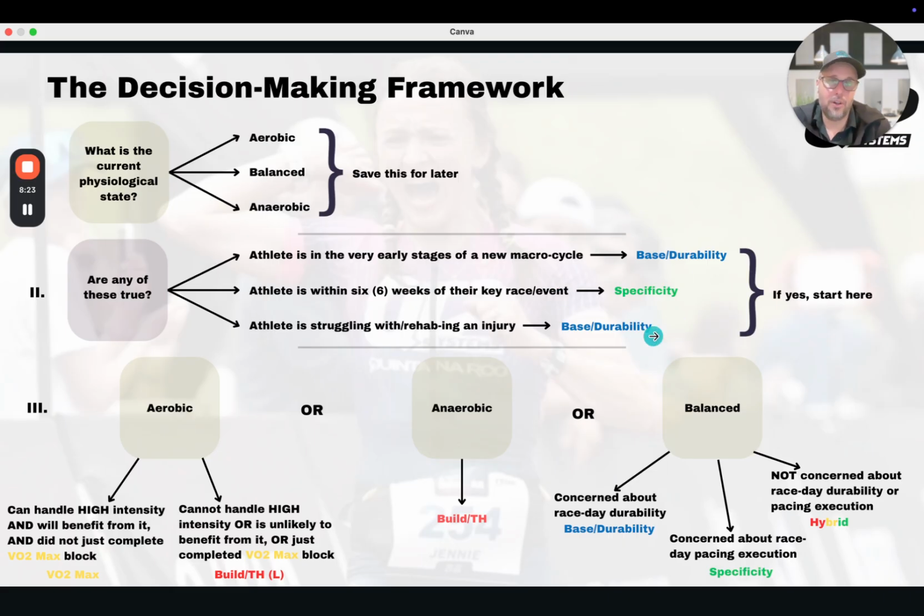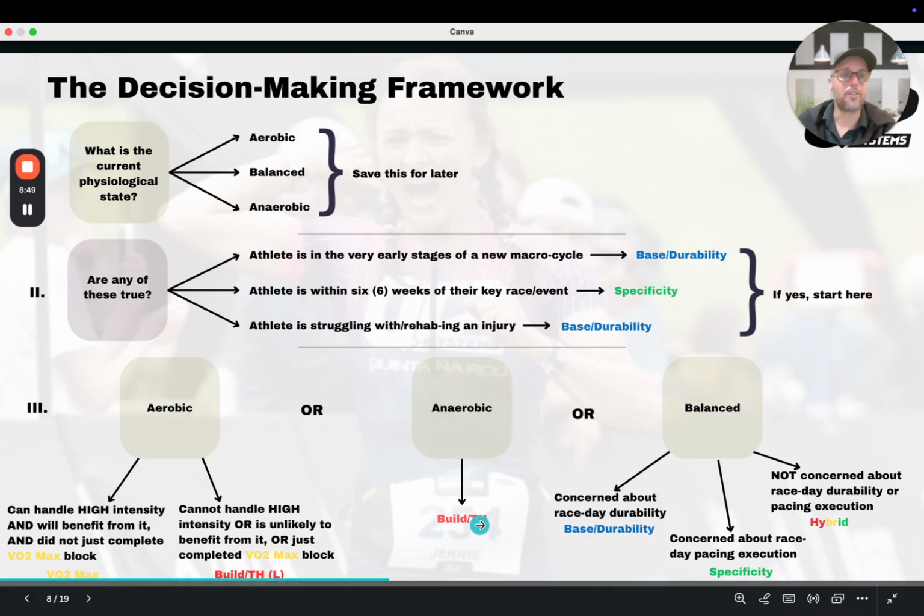If we choose not to go with any of these, then we move down to number three, where we grab our physiological state from the side that we tested earlier, and we determine which physiological state they are in. If they're in an anaerobic state, meaning that their critical power is occurring at a low percentage of power at VO2 max, then it's pretty easy. We want to increase that ceiling towards the roof, and we go into a build threshold block.